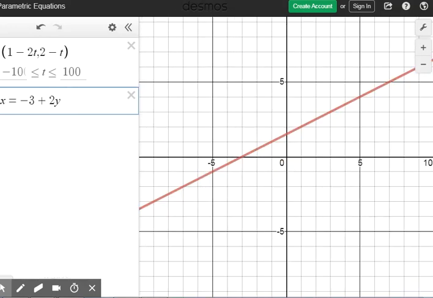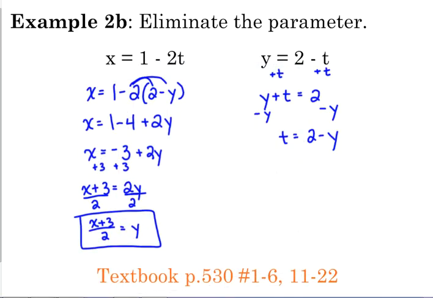I just want to confirm it. I would click this button right here and make it appear and reappear and make sure that it's in the exact same place. And it is the exact same graph. So that confirms that your rectangular and your parametric forms match up there.